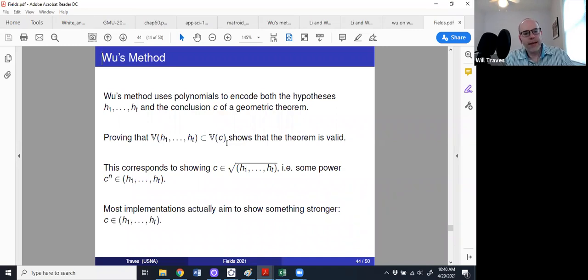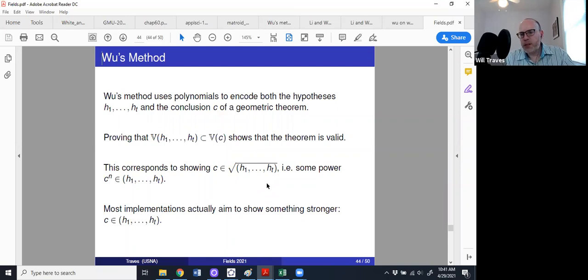So there's a technique in algebraic geometry to check whether this variety cut out by the vanishing of these hypotheses polynomials is contained in this hypersurface. Well, in commutative algebra, we'd say this happens precisely when C is in the radical ideal generated by H1 through HT.